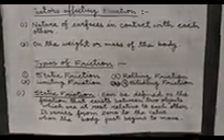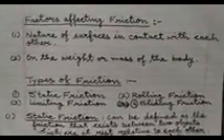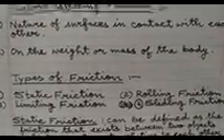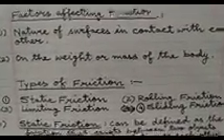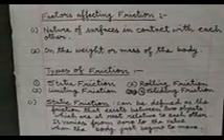And the second factor which affects friction is the weight of the body. So these are the two factors which affect friction: first, the nature of the surfaces which are in contact with each other, and second, the weight or mass of the body. Now the next topic which I am going to explain is the types of friction.